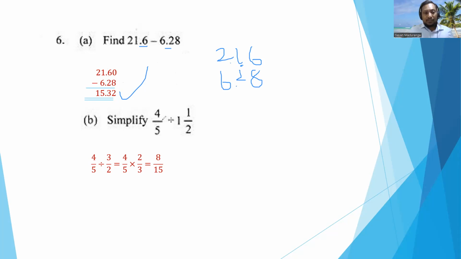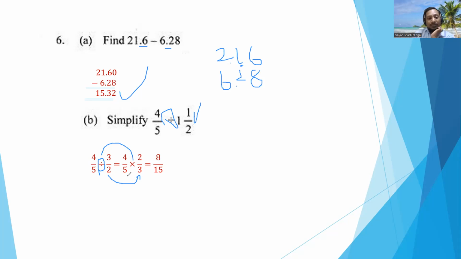Okay, simplify. You have a division and a mixed number. The mixed number should be converted to an improper fraction. Yes, so 1.5 is 3/2. And then division becomes multiplication. The right-hand factor becomes its reciprocal, upside down, right?